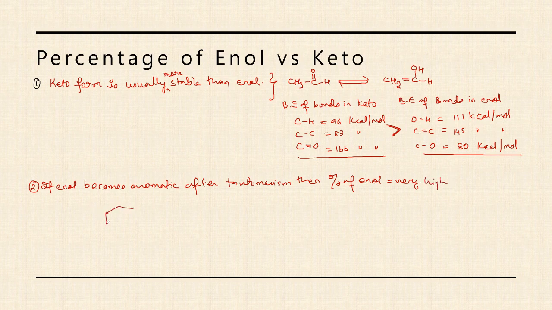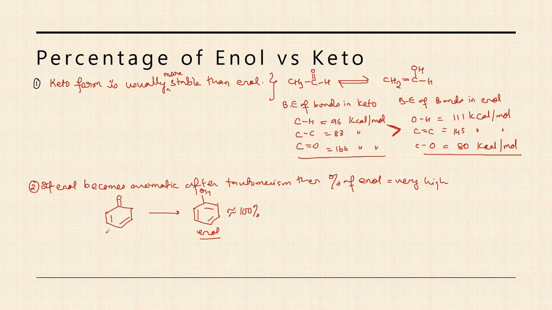For example, अगर आपने लिया ये compound, this is keto, but its enol form is so stable that you do not even detect this. Okay, this is nearly 100%. This is the enol form, and it is nearly 100% because the ring has achieved aromaticity. So if the ring achieves aromaticity, then the enolic form will be more favored.